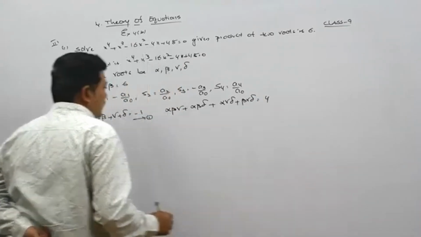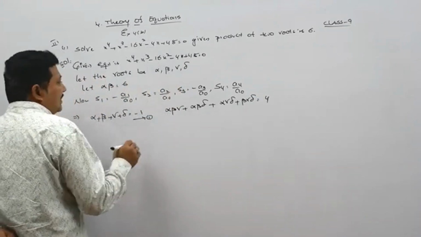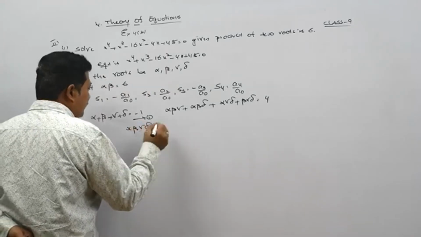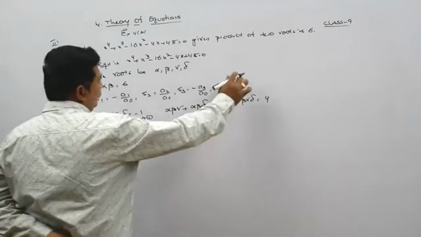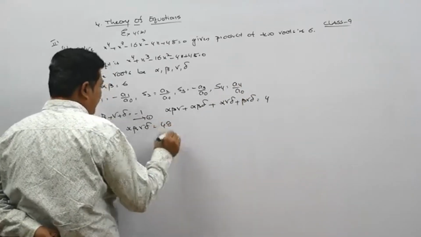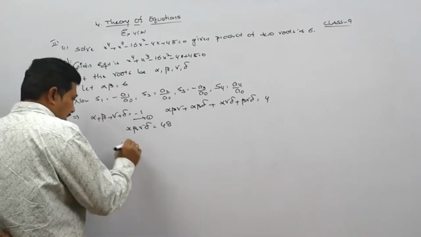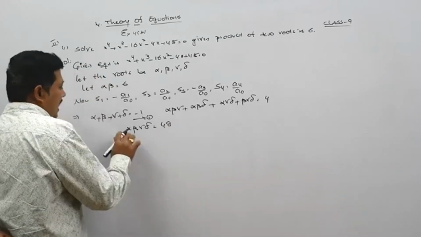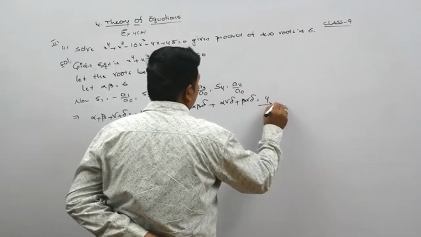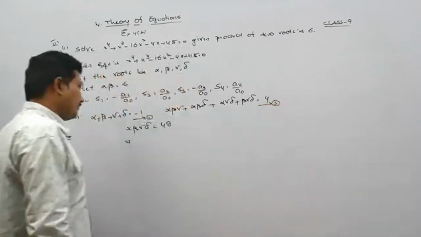And lastly alpha beta gamma delta, S4, alpha beta gamma delta is equal to A4 by A0. So A4 is equal to 48, A0 is equal to 1. Now this implies alpha beta gamma delta is equal to 48. We call this one equation 2.